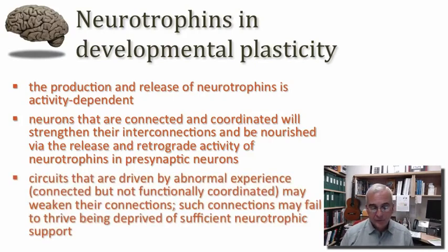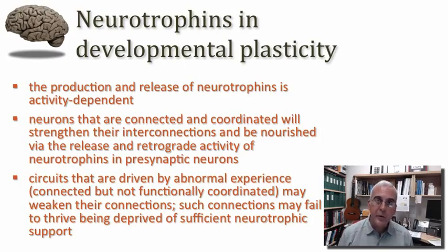Now, the converse might also help us to understand the impact of abnormal experience. So for those circuits that are driven by abnormal experience, that is, there's functional connectivity but poor coordination, these connections will be weakened as a consequence of the conditions that would favor long-term depression.